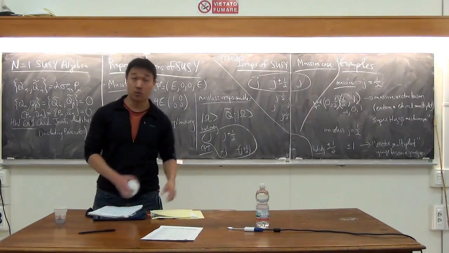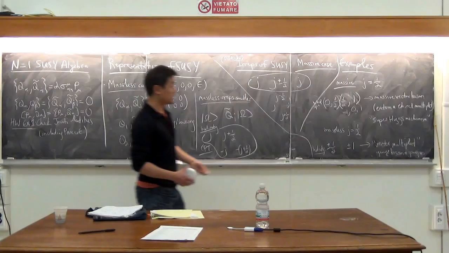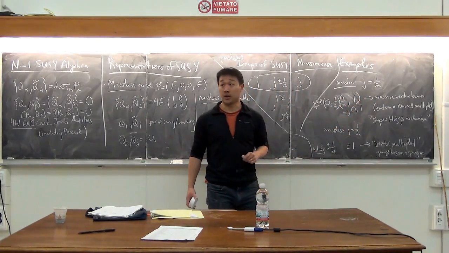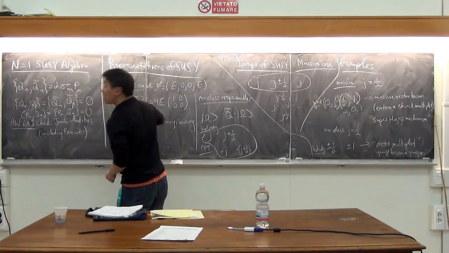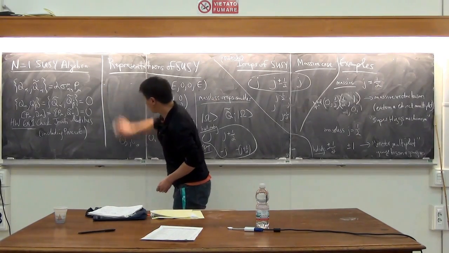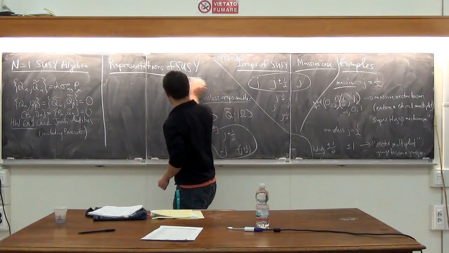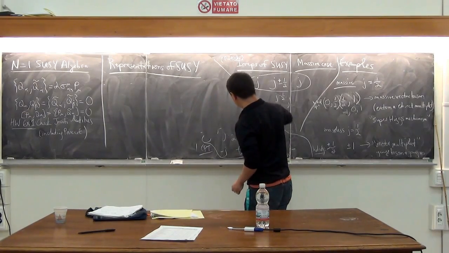All right, so that's one standard way to derive the representations of different supermultiplets, and you get the chiral multiplet and the vector multiplet. Now I want to talk about another point of view on this, which is less standard, but which I also find very useful.